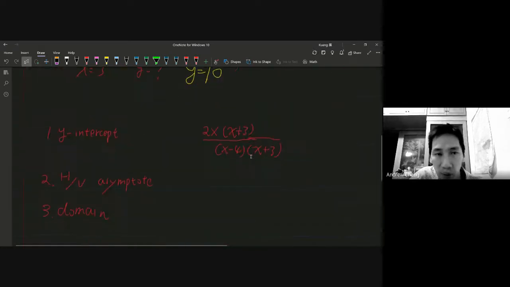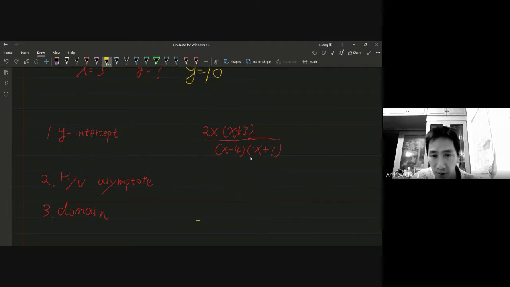Okay, the second important concept is to graph. You need to know how to find the y-intercept of the graph. So what is the y-intercept? You plug in x equals 0 to find the y-intercept.